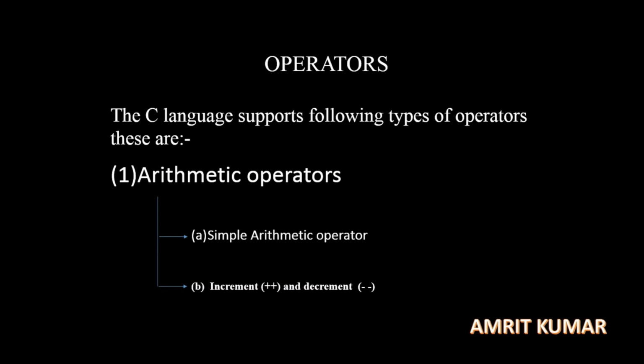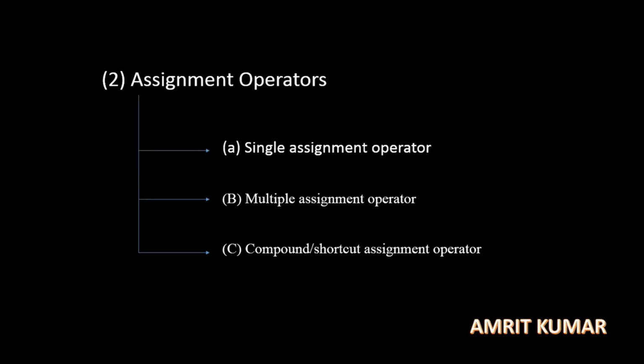The C language supports the following types of operators. We have studied the arithmetic operators, which were divided into two sections: simple arithmetic operators and increment and decrement operators. After that, we studied the assignment operators: single assignment, multiple assignment, compound and shortcut assignment operators.